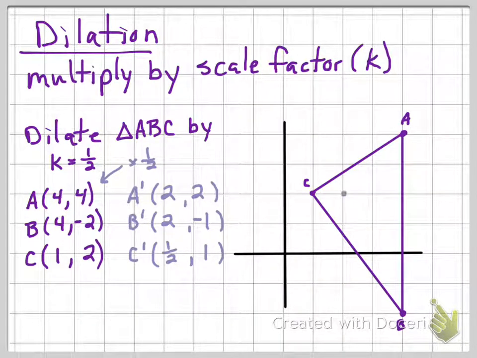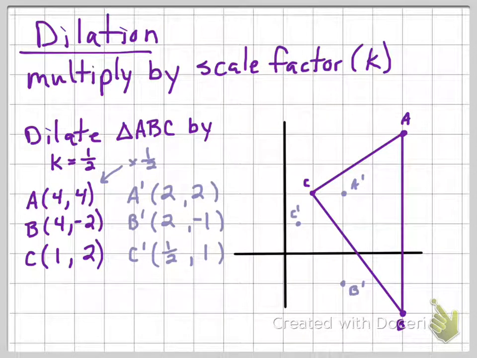Because that's half of 4 and half of 4. So A prime is going to be here. B is over 4 and down 2, so it's only going to be over 2 and down 1, because that's half of both of those. So B prime is here. And C is over 1 and up 2, so it's only going to be over 1/2 and up 1. So there's C prime.